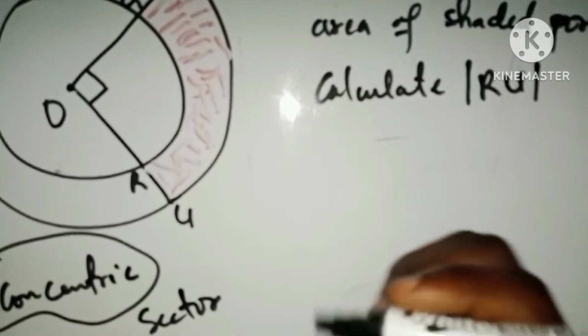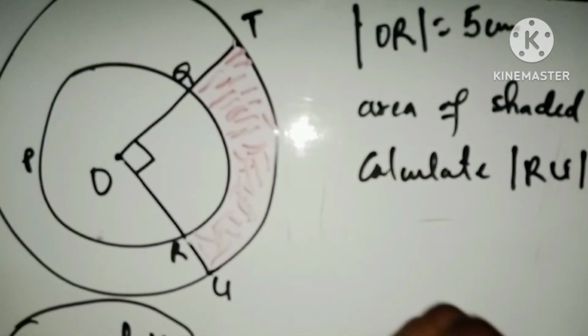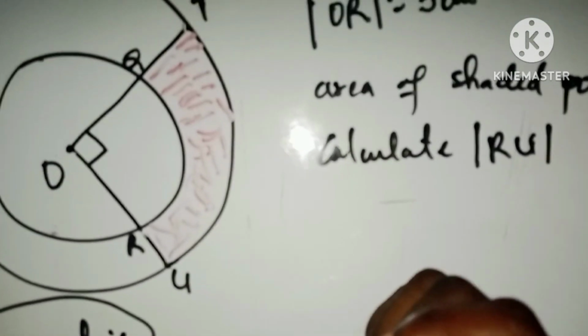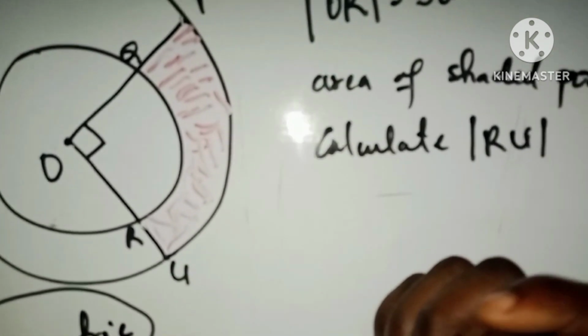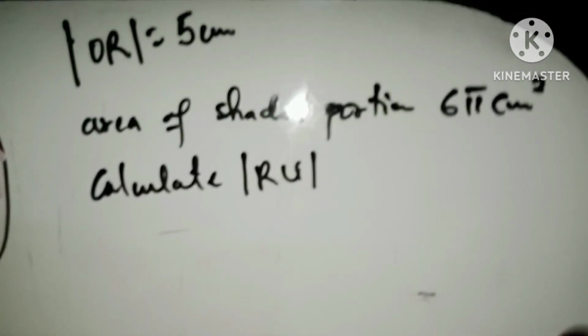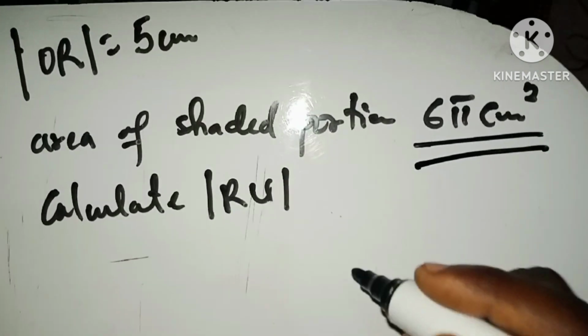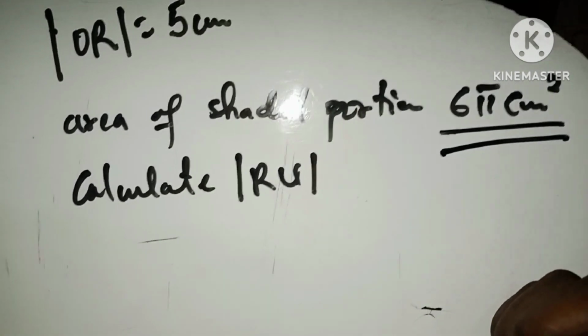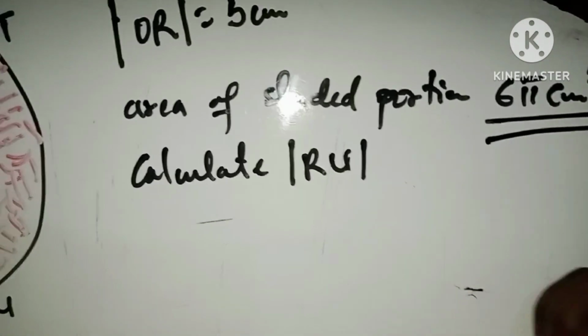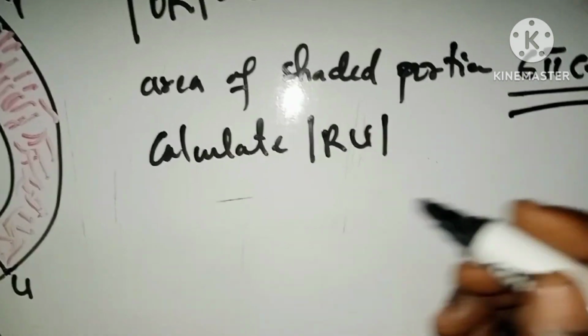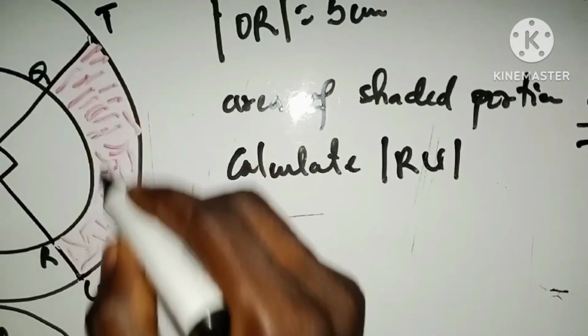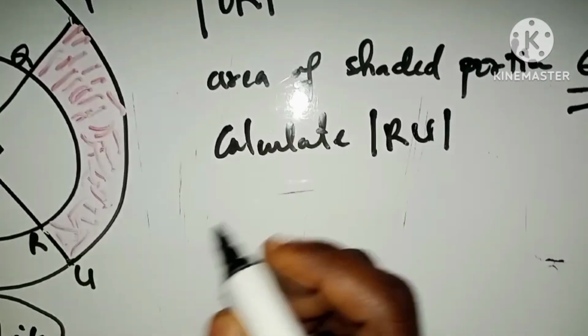All right, so now you just have to identify the big sector and the smaller sector, and then subtract the two. That gives us the area of the shaded portion, which you have here to be 6π square centimeters. So we know the trick here is that to find the area of the shaded portion, you must subtract the smaller one from the bigger one.